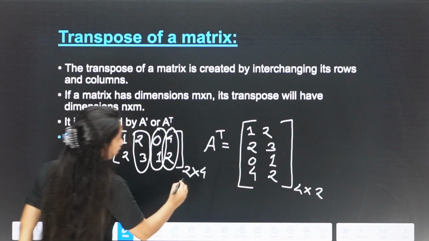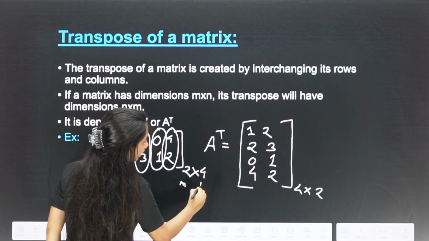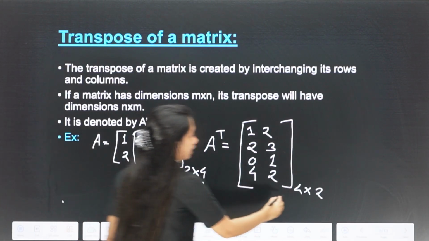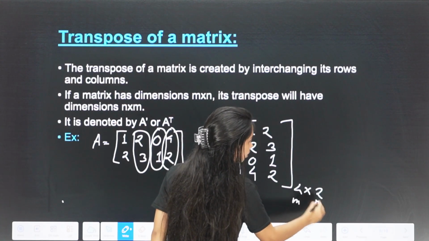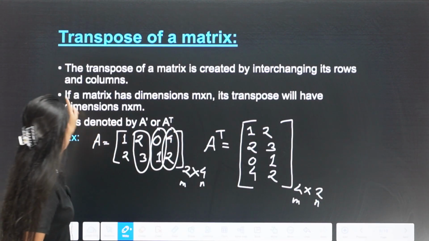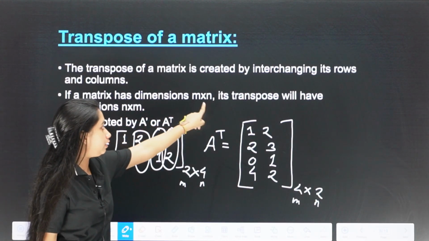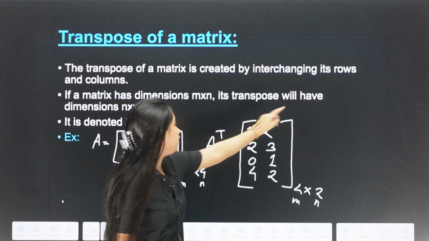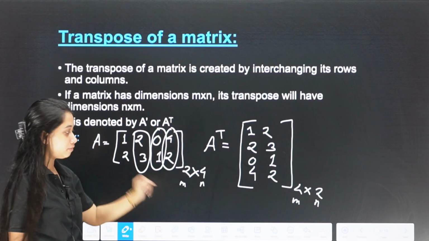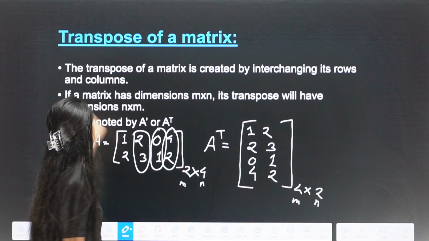Here m is 2 and n is 4, and there m is 4 and n is 2. Thus if a matrix has dimension m into n, its transpose will have dimension n into m. This is an example of this topic.